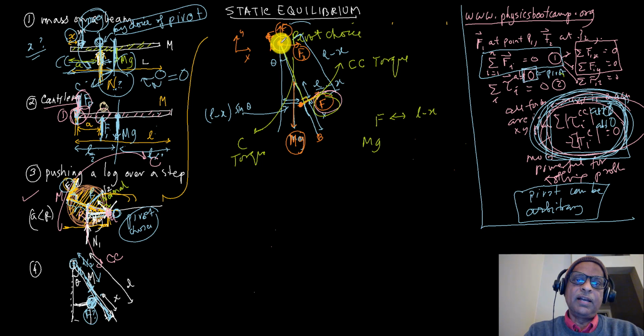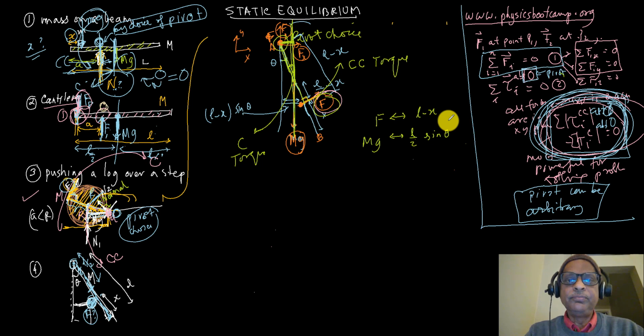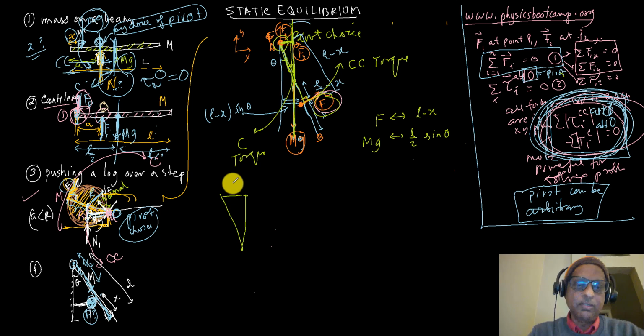From here, if you extend all the way here, this is the line of force for mg, and so we want that distance. Well, what is that distance going to be? This is L over 2, and this is theta, and this is theta. If you look into that triangle, we want this, and this is L over 2, and this is theta, and this is 90 degrees.